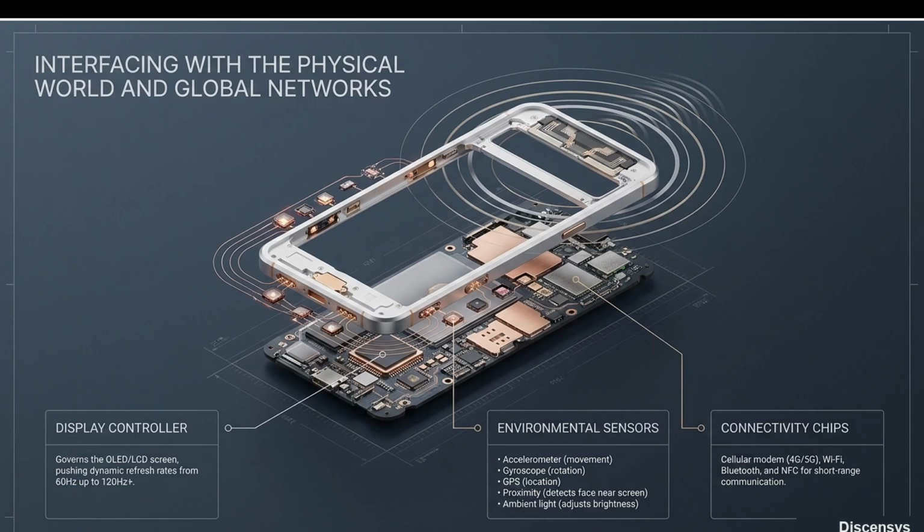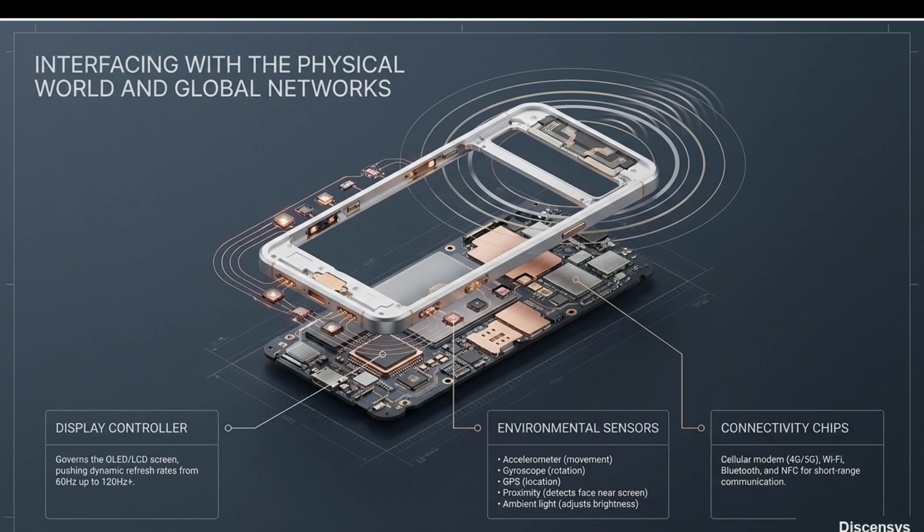And finally, we have the display controller, which controls the screen. The screen is what we interface with to observe everything happening within the phone, which can be LED or LCD or various other types of screens, based on the quality of the screen.